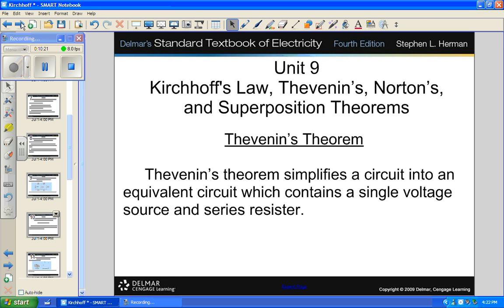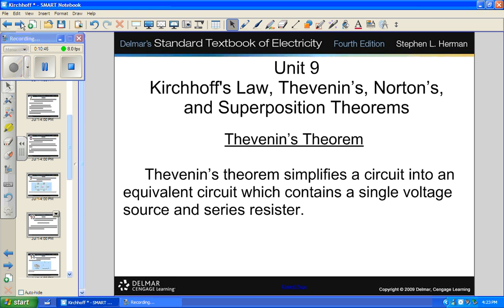Okay, Thevenin's theorem simplifies a circuit into an equivalent circuit which contains a single voltage source and a single series resistor. So, when we come to combination circuits, we're going to be using Thevenin's theorem, which is we can simplify anything into a single series resistor.